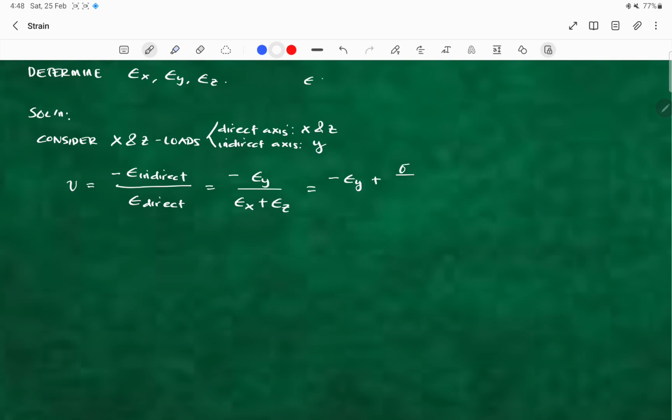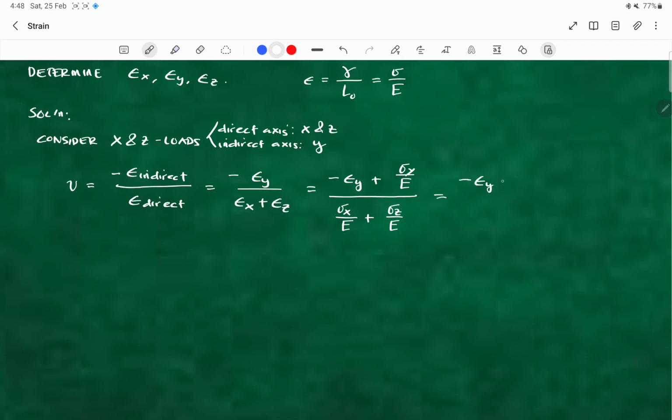Kasi alam natin yung strain is deformation over the original length, and by Hooke's law, that is also stress over the elastic modulus. So, this is along y, and we have the elastic modulus. And yung strain naman along x, we have stress along x over the elastic modulus, and strain in z over the elastic modulus.